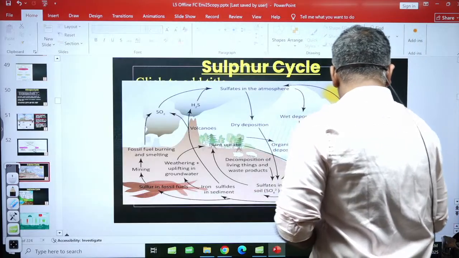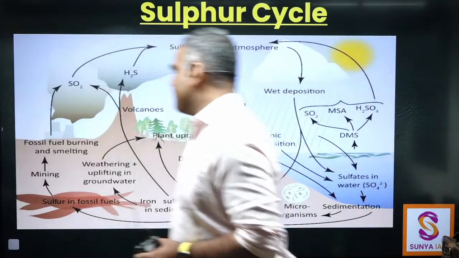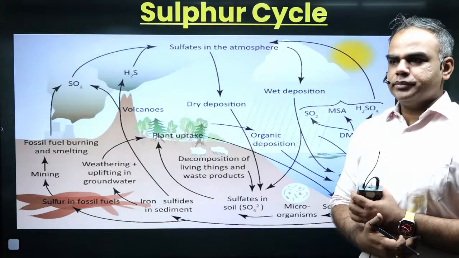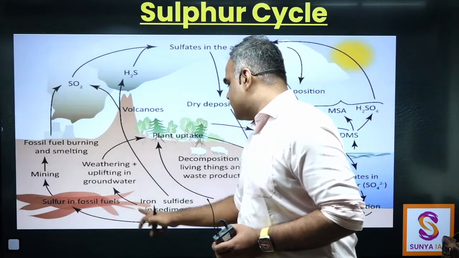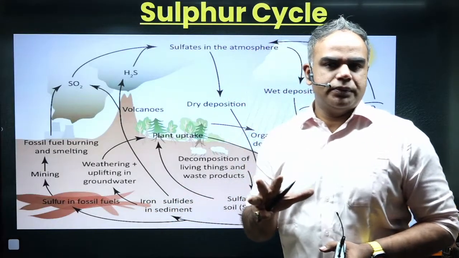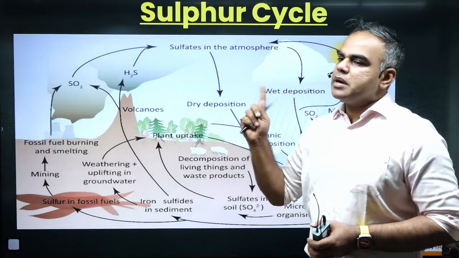Now, this is your sulfur cycle, fine. First, let's see from where the sulfur is getting emitted. Okay, one by one. Now, the iron sulfides are there as sediment. This should not be a surprise because we've already mentioned this is a sedimentary cycle.